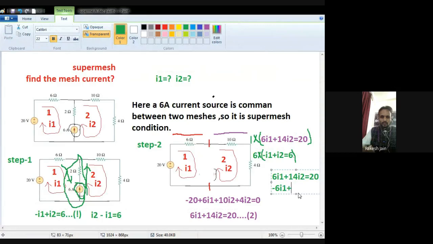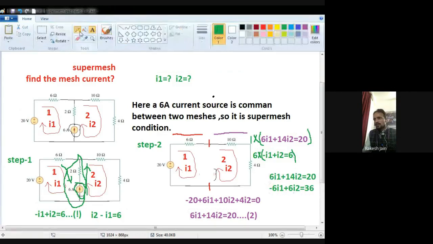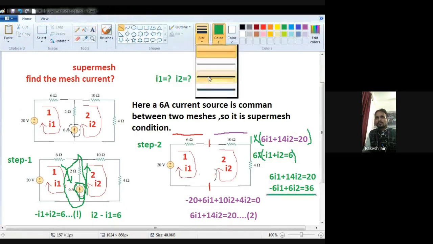Now just mark dots at the top side and bottom side. For the left hand side, write down the equation for I1, and for the right hand side, write down the equation with I2. So I start from the bottom side. So minus terminal of the battery, 20 volt, comes. So I just write down minus 20.